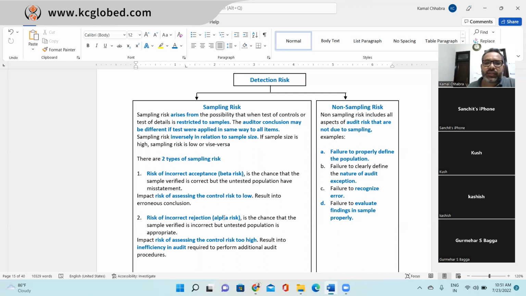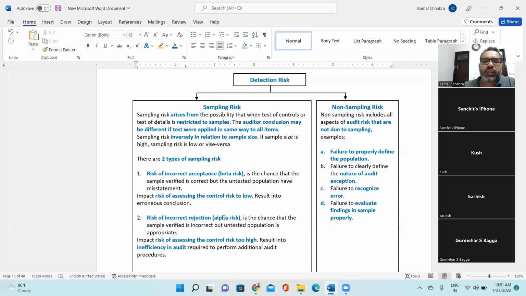So sampling risk is inversely related to the sample size. If sample size is high, sampling risk is low, or vice versa. Now look at two types of sampling risk. The first one is risk of incorrect acceptance.